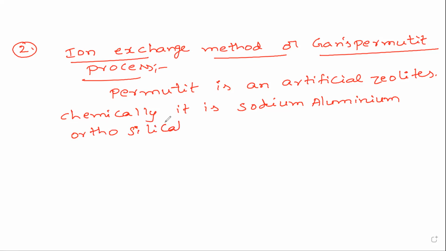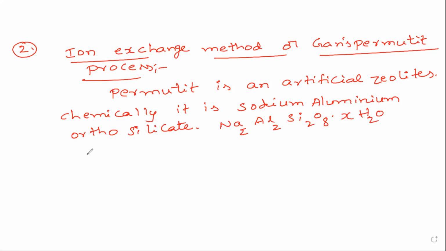Sodium aluminum orthosilicate is called permutit. The formula is Na2Al2Si2O8 dot X water molecules. This is called permutit, with three water molecules.